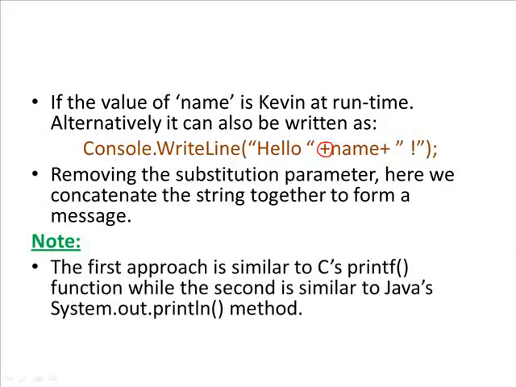The first approach is similar to C's printf function, while the second is similar to Java's System.out.println method. The earlier code segment we explained is similar to C's printf function.